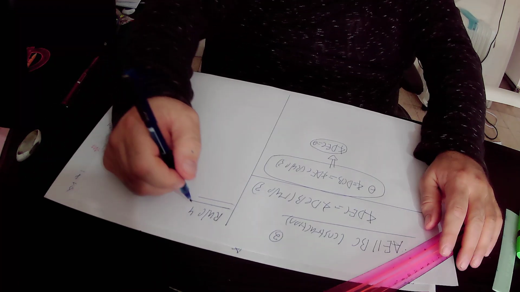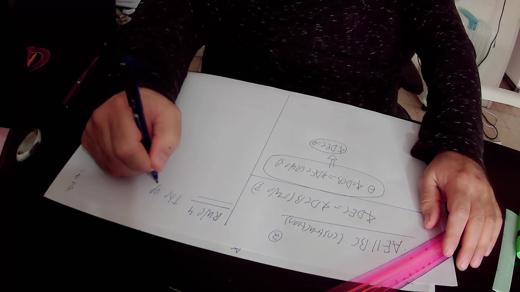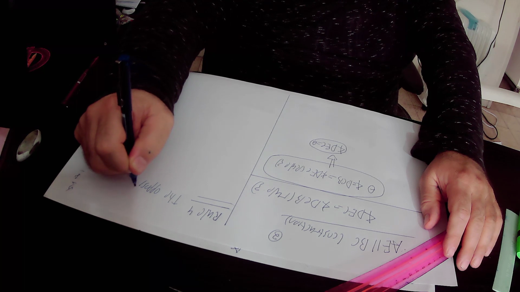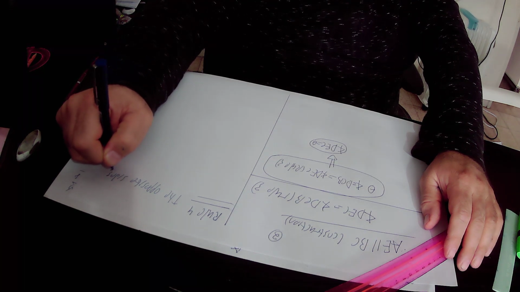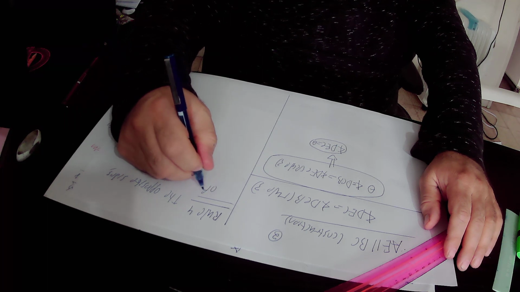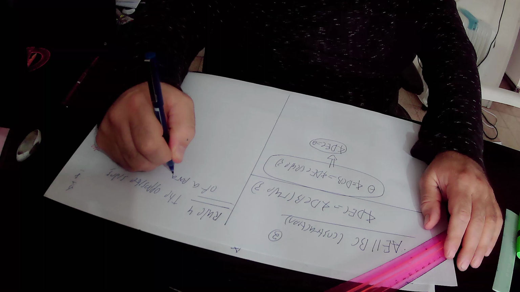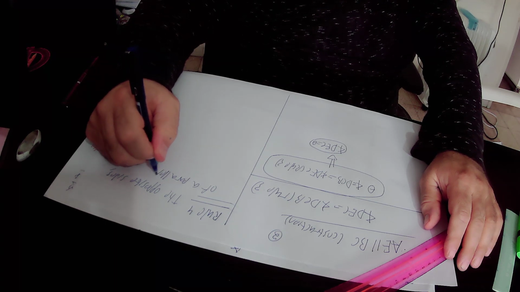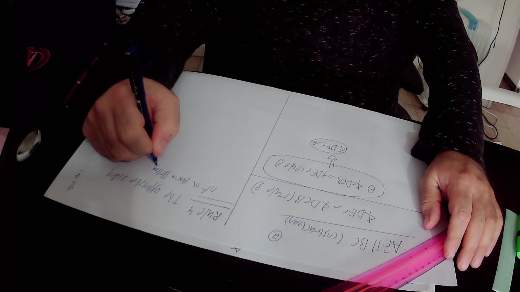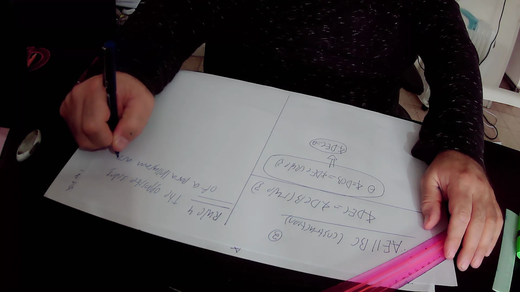I write it down. The opposite sides of a parallelogram are equal to each other.